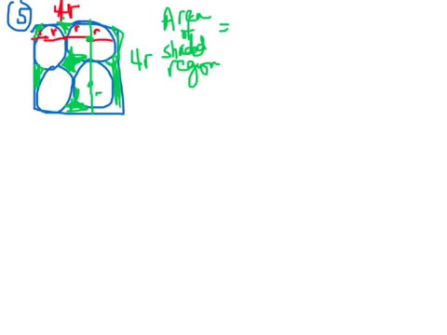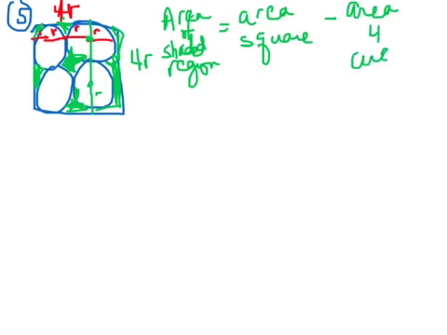I'm just going to try to scribble in this as I'm talking. Do y'all agree with me that the area that's shaded in there is just the area of the square? What am I going to subtract from it, though? 4 circles, right? So I'm going to subtract the area of 4 circles. Okay. What would the area of that square be?